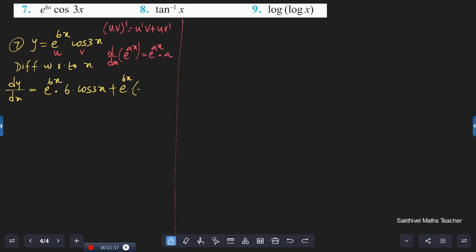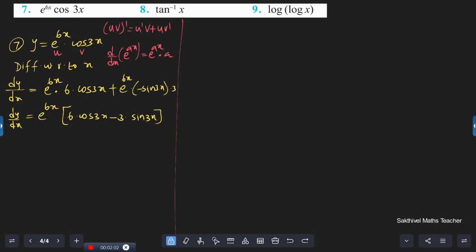Cos 3x when you differentiate gives minus sin 3x, and 3x differentiated gives 3. Now e power 6x when I take outside, I am getting 6 cos 3x minus 3 sin 3x. That's it. Now this is dy divided by dx.